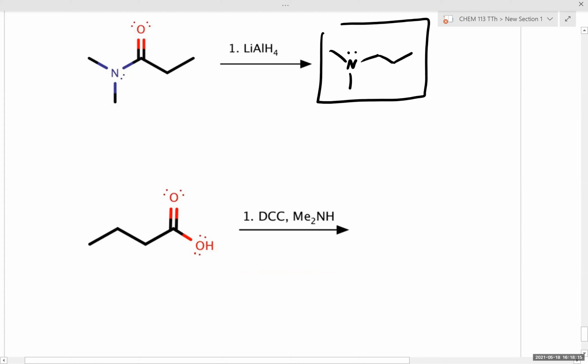Let's look at this next case. So we treat a carboxylic acid with DCC and dimethylamine. What product will we observe? Not quite a Wolff-Kishner reduction. That involves hydrazine. So if we treat a carboxylic acid with DCC and dimethylamine, what product will we see? DCC is a classic reagent to prepare what?